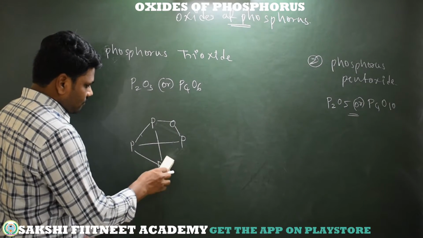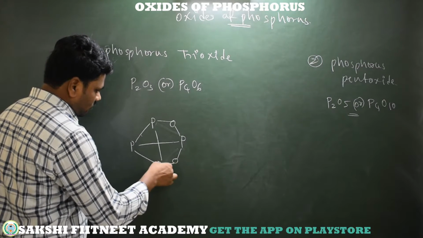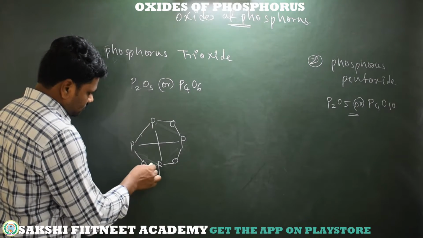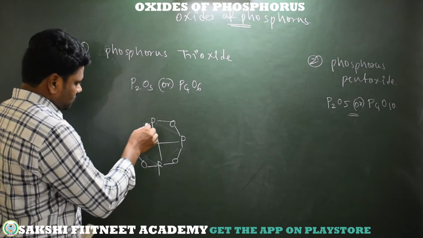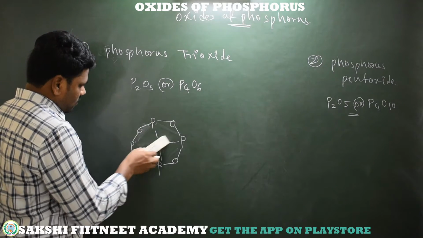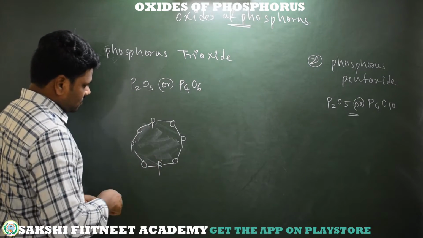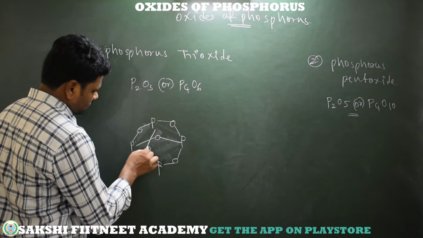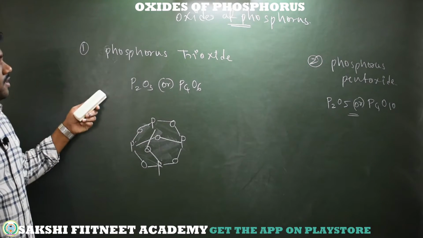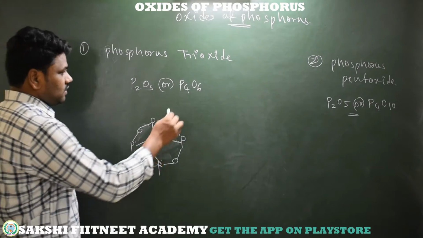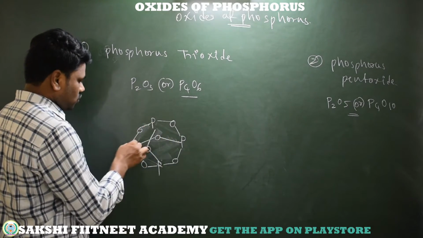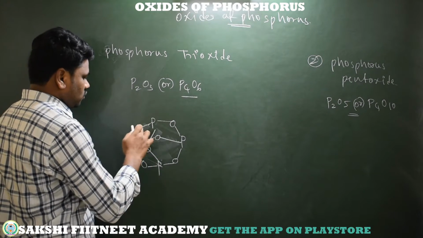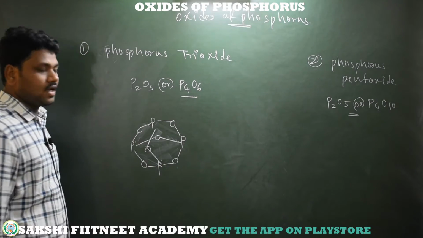See here, I am making bridge bonds through oxygen. So this is the structure of phosphorus trioxide. See here, 1, 2, 3, 4 phosphorus atoms, and how many oxygens are there? We have 1, 2, 3, 4, 5, 6 oxygen atoms.